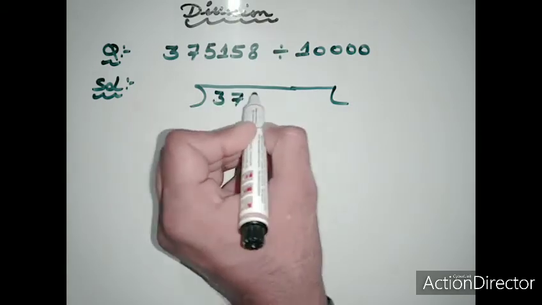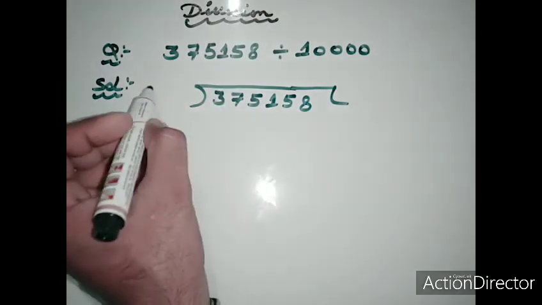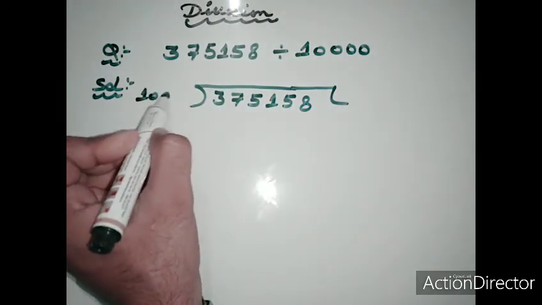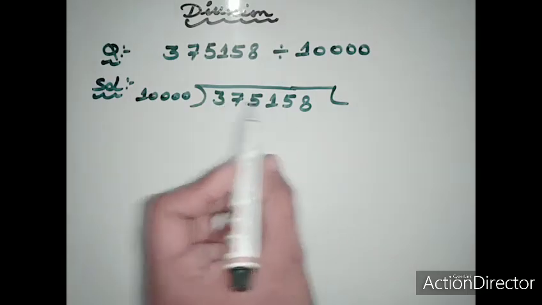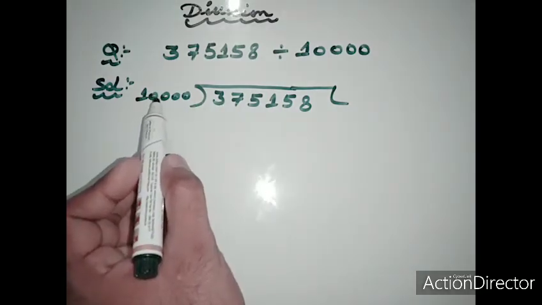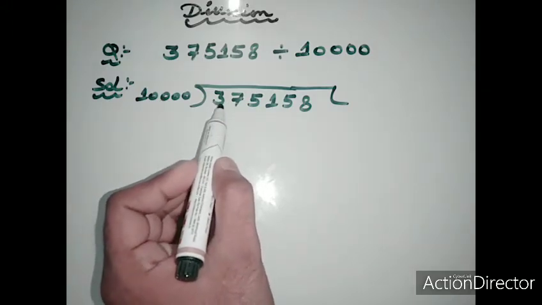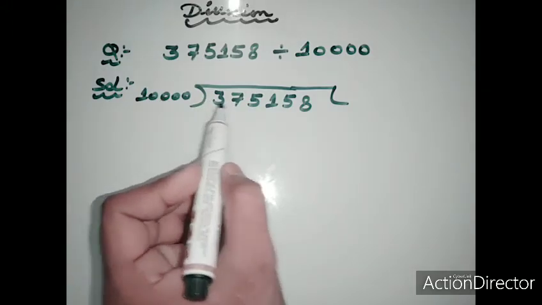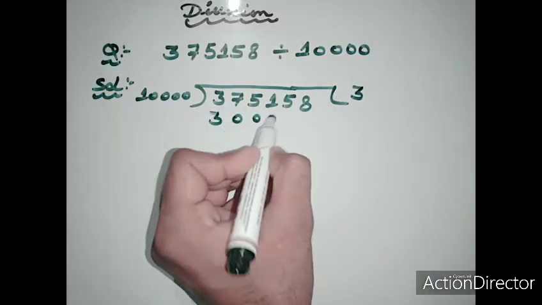Here we write 375,158 as the dividend and the divisor is 10,000. Right? So if we divide first these numbers here, 10,000 multiplied by 3, so here we get 30,000. So here we write 30,000 here.